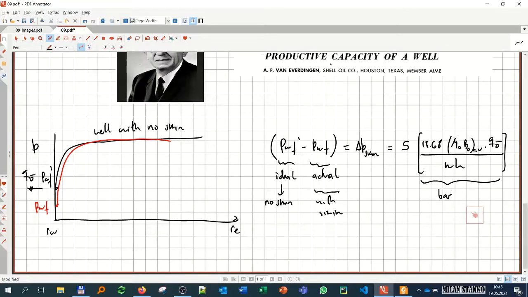So you see we have divided the skin into a combination of one dimensionless factor, and a constant that has units of bar. Let's see what we get if we define that.